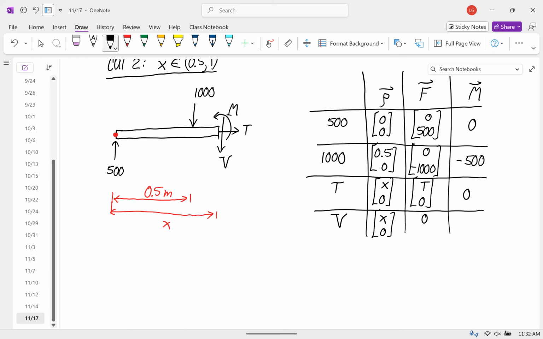The force is 0, negative v. Cross product is negative vx. And then last is the bending moment. We don't care about row vector or force. And the couple has a moment m.